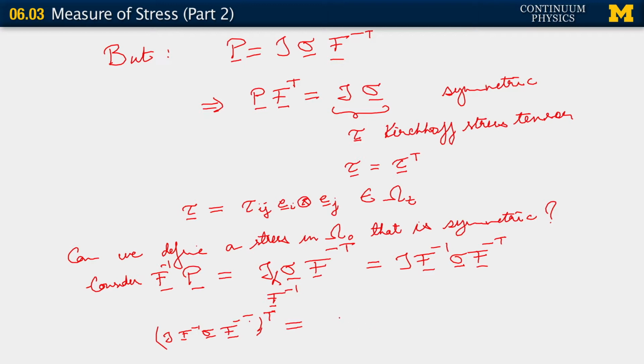So J just comes along for the ride, it's a scalar. So if you write all of these in the reversed order but with their transposes, you get back F inverse transpose transpose, but that's F inverse. You get sigma transpose, but that is sigma. And here you get F inverse transpose, and you compare the two and you see that, well, it is symmetric.